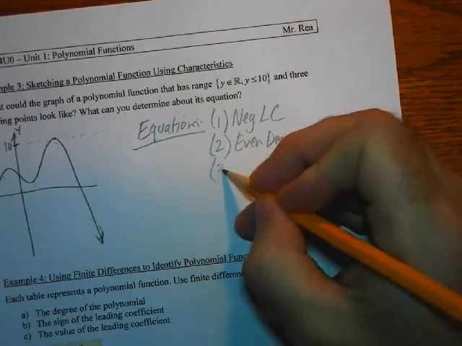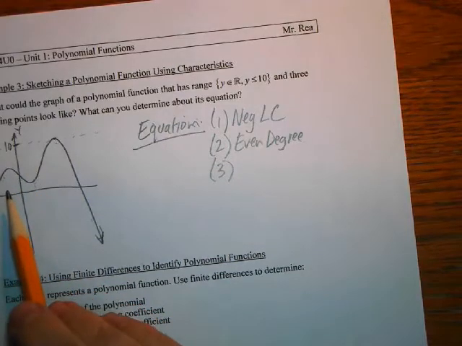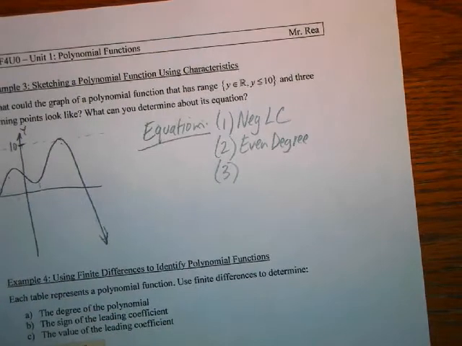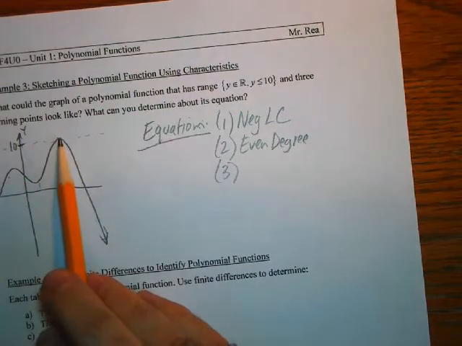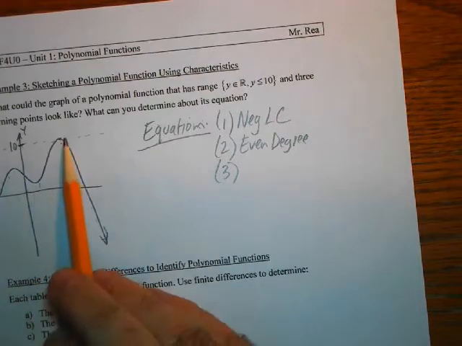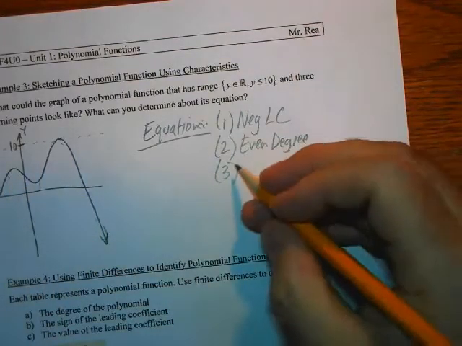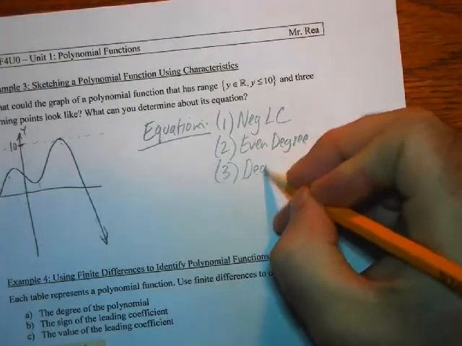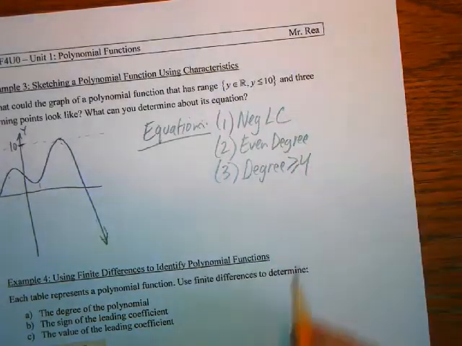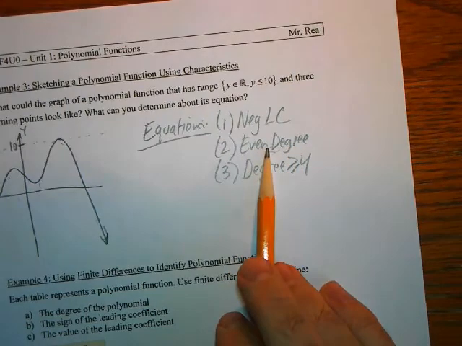What do we know about the degree other than the fact that it's even? Well, remember the turning points. If we note that there's 3 turning points, that tells us the degree has to be at least 4. It has to be at least 1 more than the number of turning points. So from the turning points, we know the degree is greater than or equal to 4. So that rules out 2, because up to this point we said, well, maybe it's degree 2.